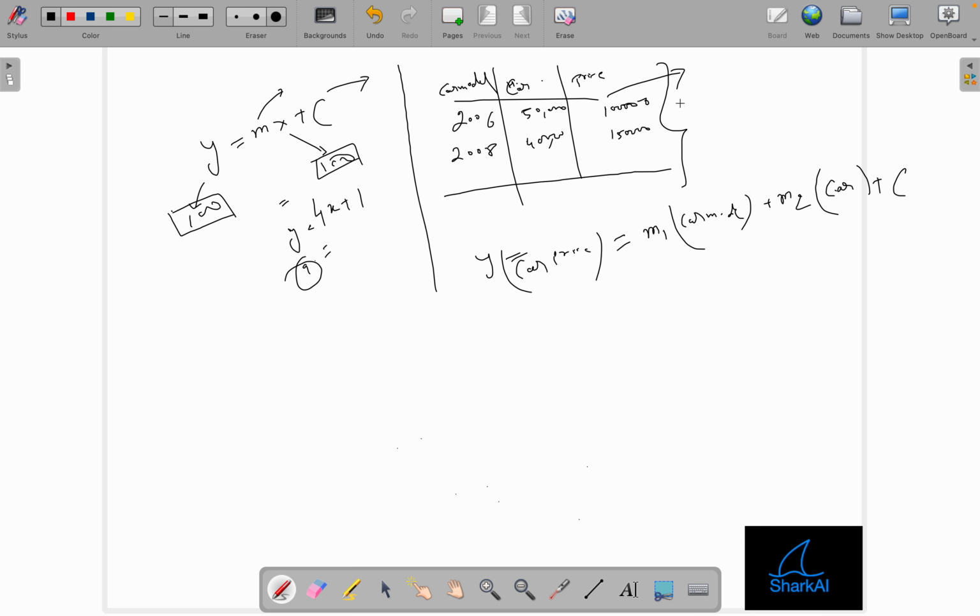Based on these samples we will determine the values of m1, m2 and c, and then whenever you are given these two values you will be able to tell the value of the car. This is the whole crux of linear regression.